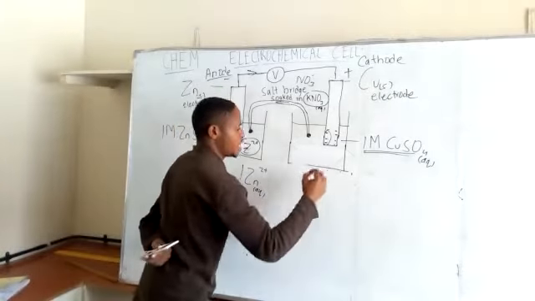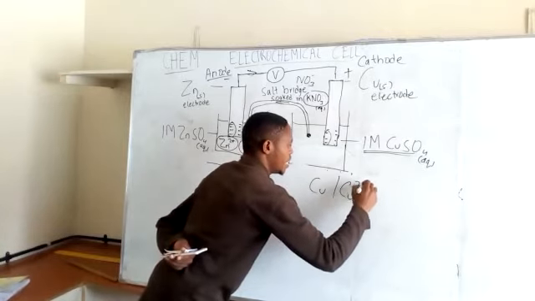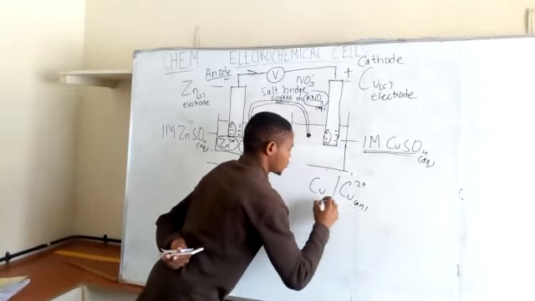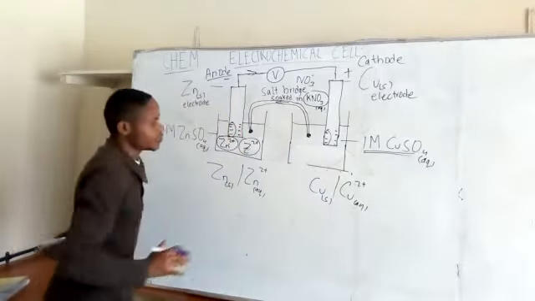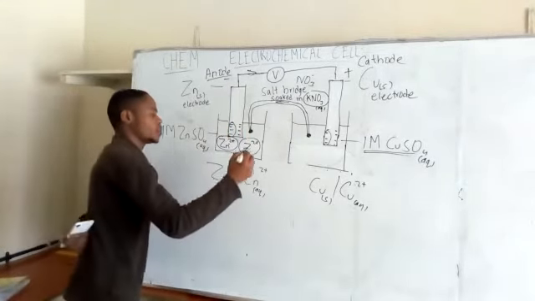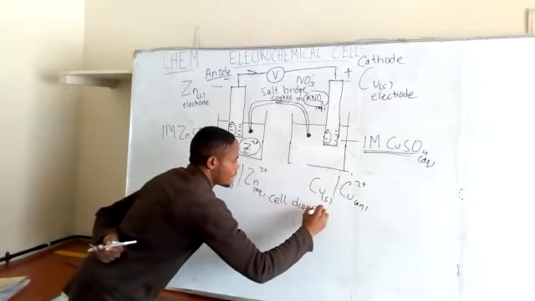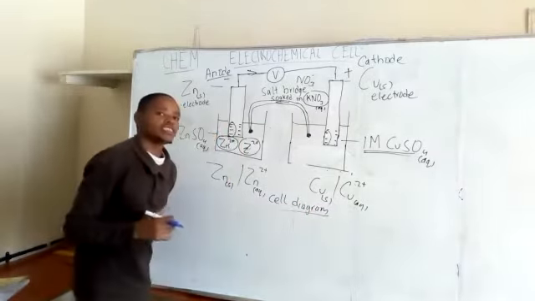For the other one, we have the copper metal and the copper ions. When we connect the two, we normally call that the cell diagram. And this is how we represent it.